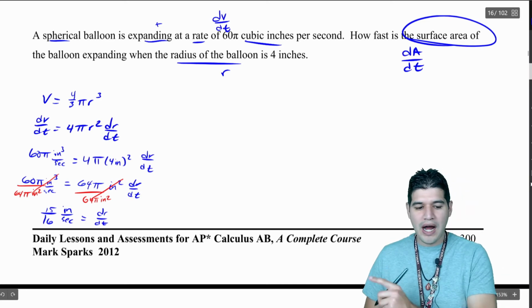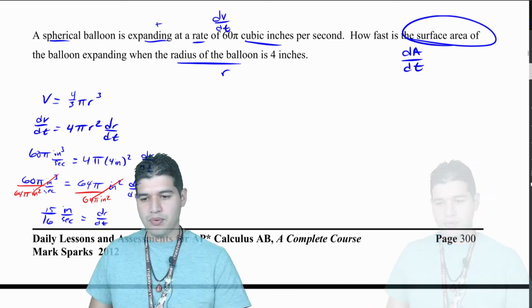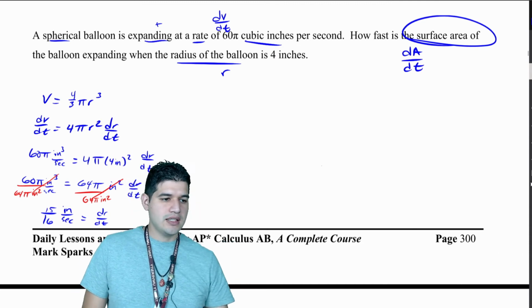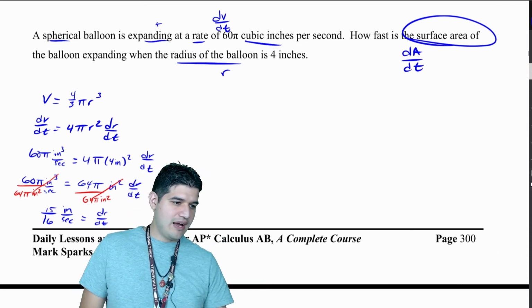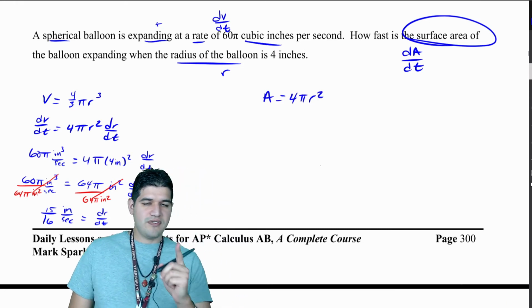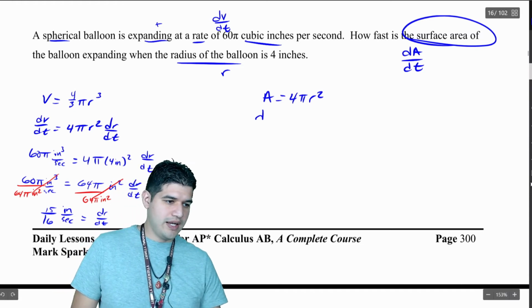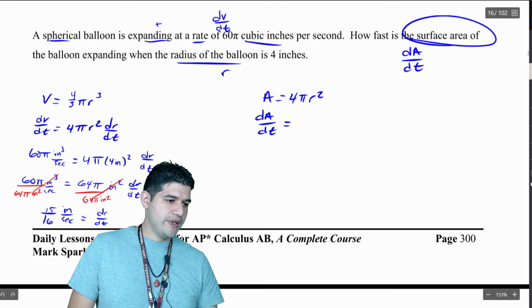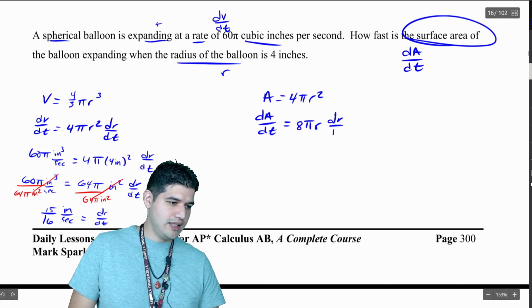So let's figure out why that is probably going to be important, because let's relate the surface area of a sphere. So I'm going to have area equals 4 pi r squared. All right, so then if I take that derivative, I'm going to have dA/dt, which is what I want to solve for. Bring the 2 down, so I'm going to get 8 pi r dr/dt.